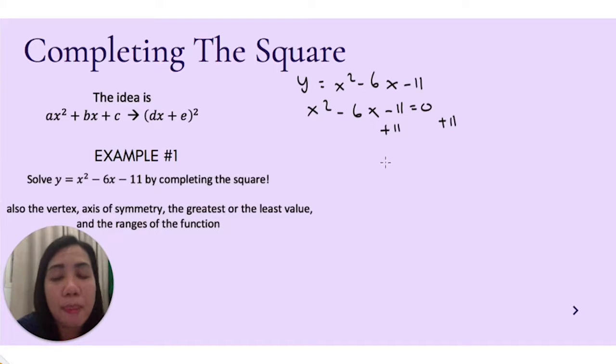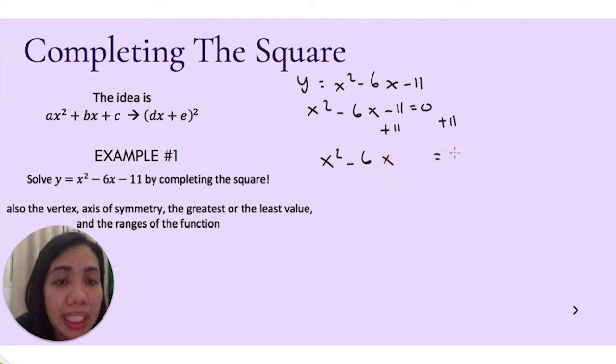Because, okay, this is an important thing that you have to pay attention to, that if we do something to the left side, we also have to do the same thing to the right side. Why? Because we don't want to change the value, we only want to change the expression. So make sure if you do something to the right side, you also do the same thing on the left side. Okay, in here we have x squared minus 6x equals to 11.